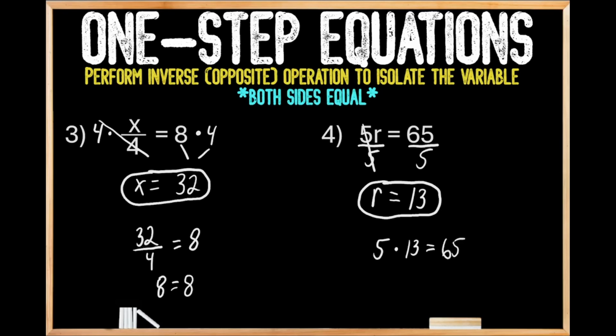And when we multiply 5 times 13, we get 65. And since both sides of this equation are equal, it means that we have the correct answer. R is equal to 13. So hopefully by now you understand how to solve one-step addition, subtraction, division, and multiplication equations.